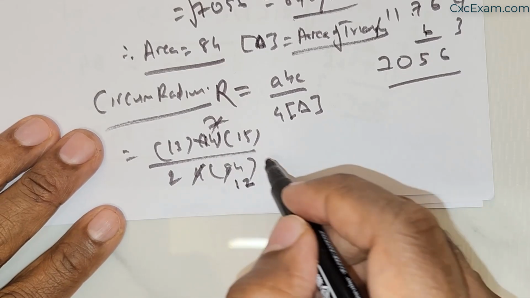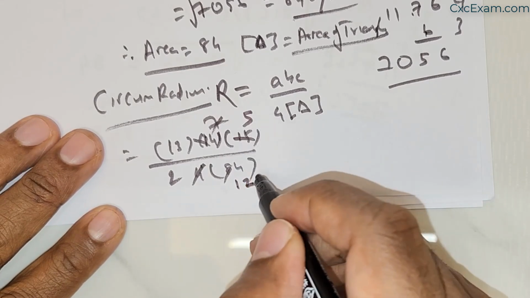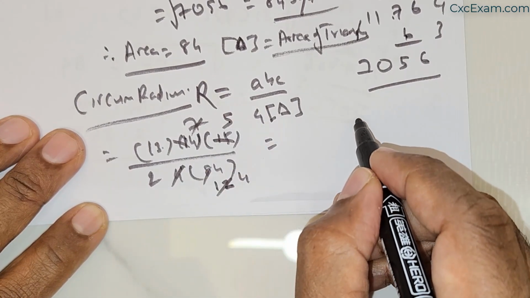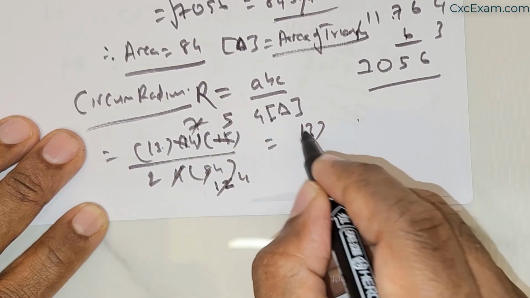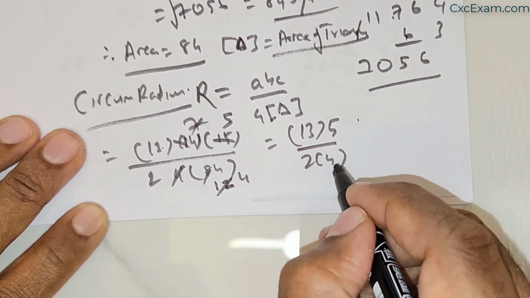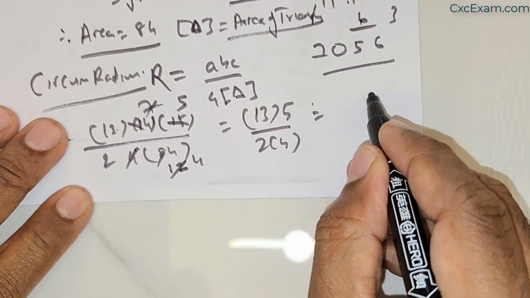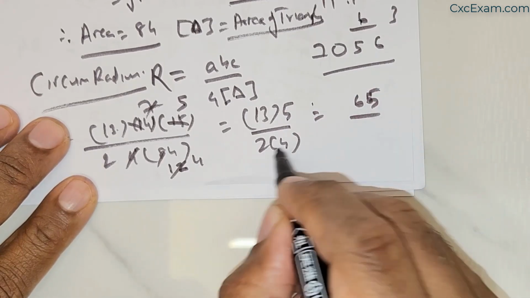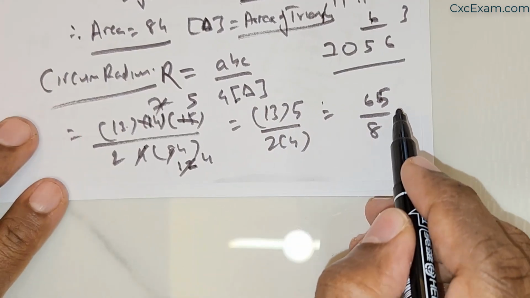And 3 divides here 5 times, and 3 divides 12 four times. So you have 5 into 13 divided by 2 into 4. So this is 65 divided by 8.